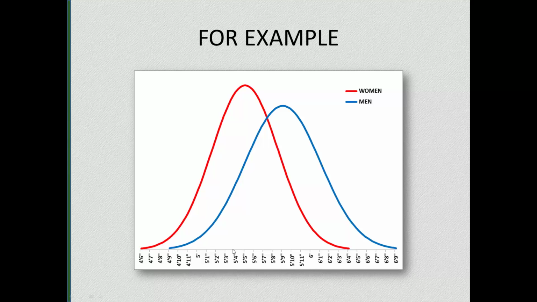A similar phenomenon obtains for the women, average height of around 5'5". Because the women's standard deviation was smaller, the data will bunch up more. But again, relatively few taller individuals, relatively fewer vertically challenged individuals as well.